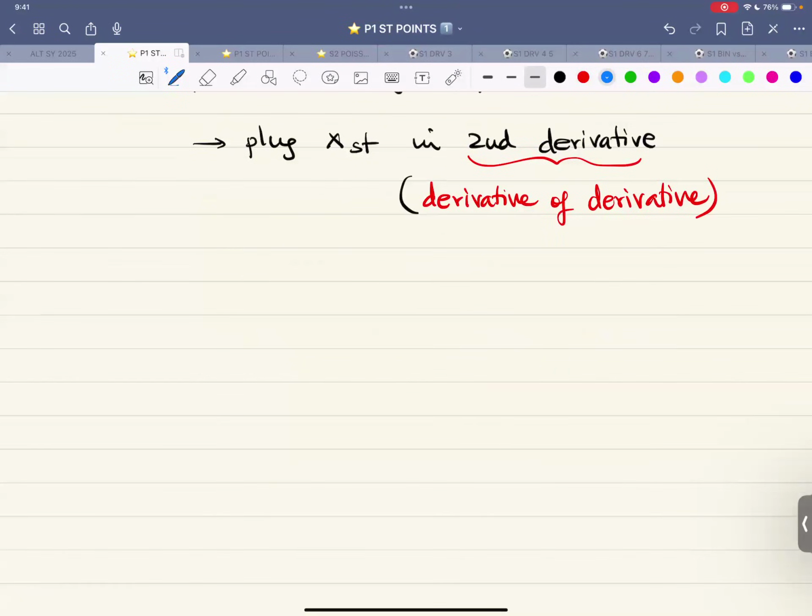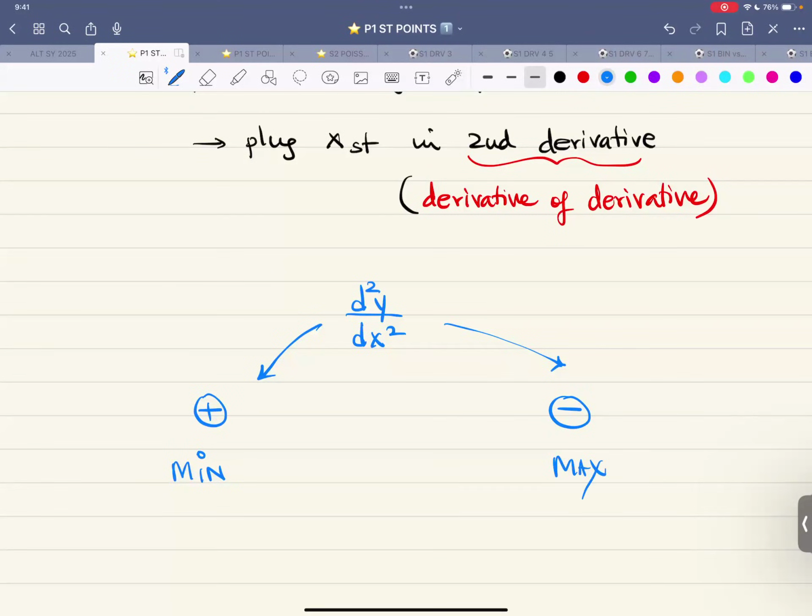The first option: the second derivative, that is how we write it, d squared y over dx squared. If this second derivative is positive, it's a minimum point. If this derivative is negative, it's a maximum point.